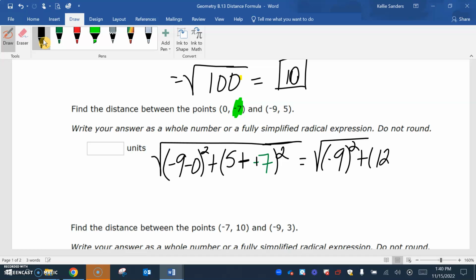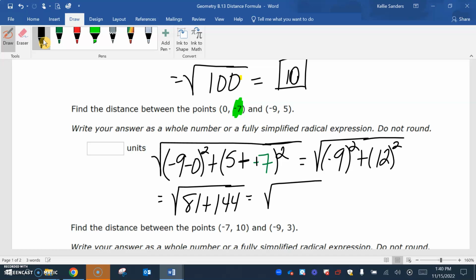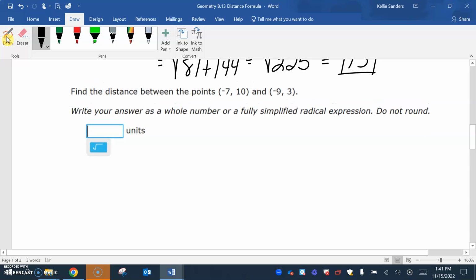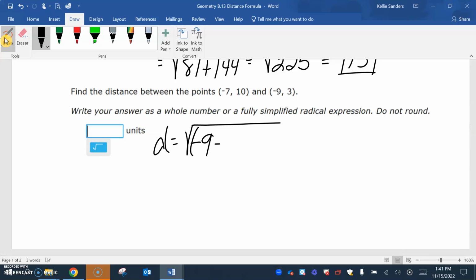I'll just go ahead and keep on doing it the long way. 225. 15 times 15 is 225, so our answer is 15. Minus a negative 7, so plus 7. 3 minus 10.